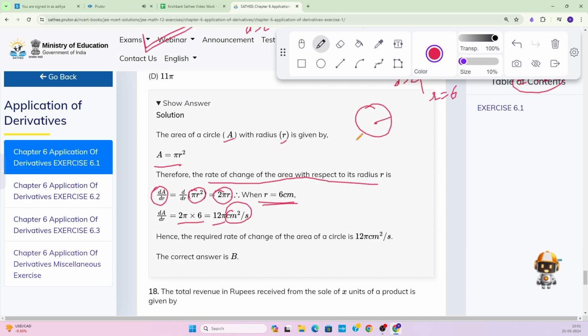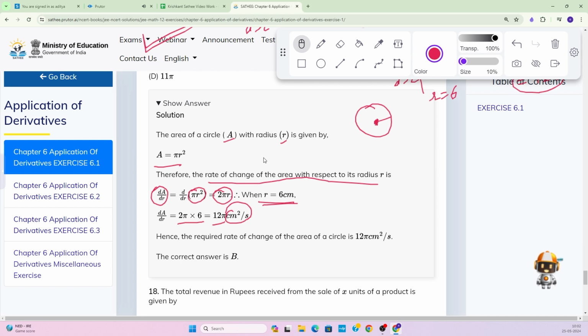When your radius is 6 centimeters, the rate of change of area of the circle will be at what rate. Okay, so you will get this as your answer.